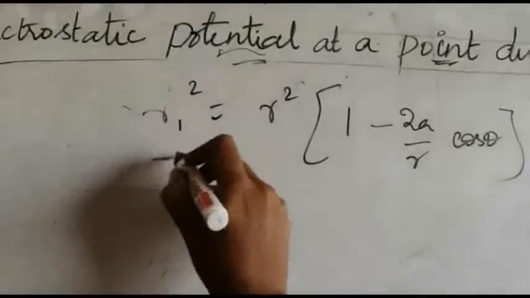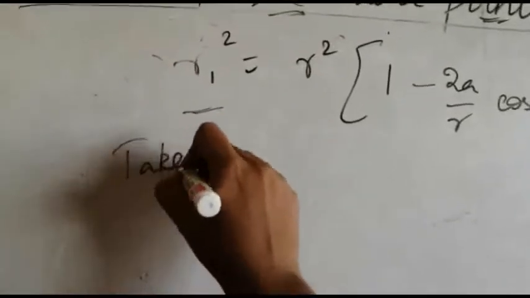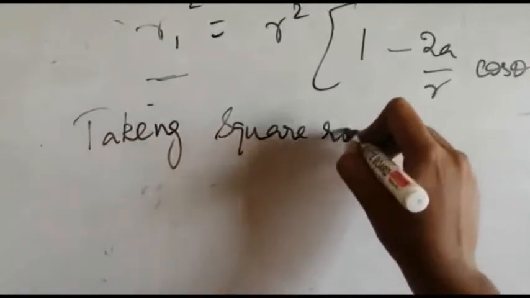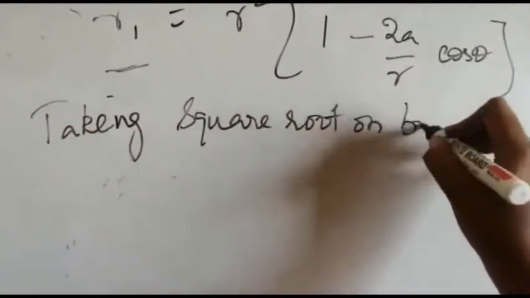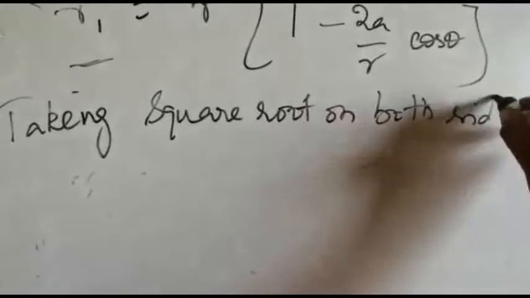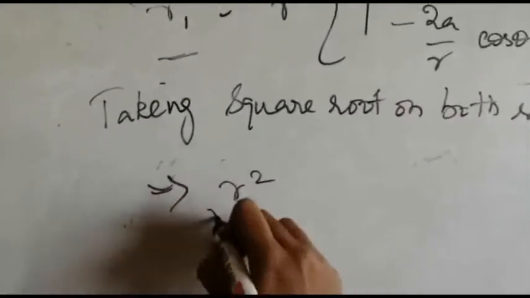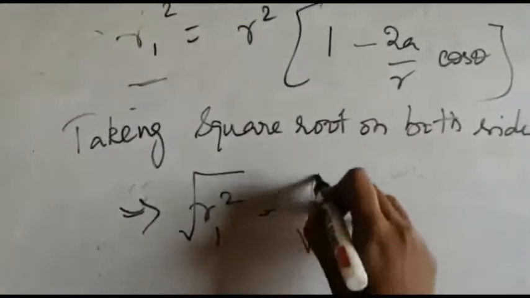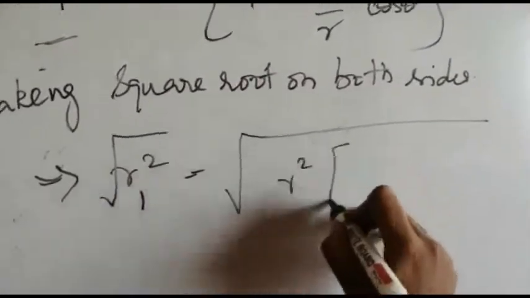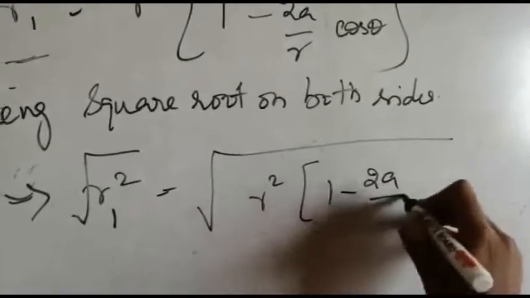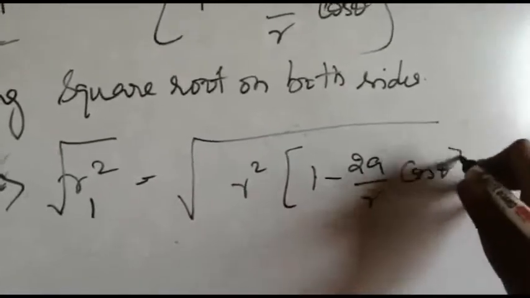I have square here. Taking square root on both sides, I have this equation as root of r1 square equal to root of r square into 1 minus 2a by r cos theta.